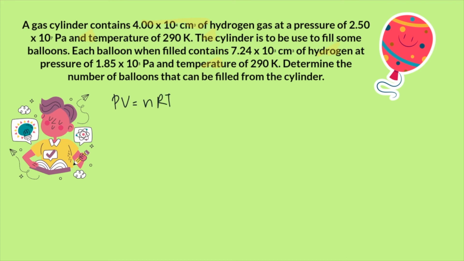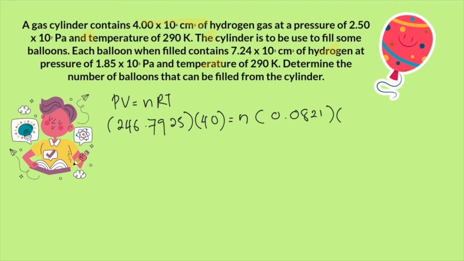So after the conversion from Pascal to ATM, your pressure is actually 246.7925, and your volume is 40 liter. N is the thing that you need to calculate, and R is the constant, which is 0.0821, and your T must be in Kelvin, 290.